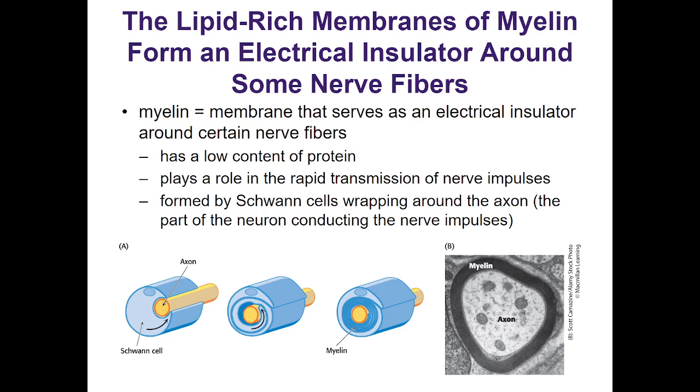So the lipid-rich membranes of myelin are actually going to form an electrical insulator around some nerve fibers. Myelin is a membrane that serves as an electrical insulator around certain nerve fibers. I absolutely hate this terminology. It is ridiculous. Nobody thinks, hopefully, that you have electrical signals going through you like wires, like little zaps of electricity.